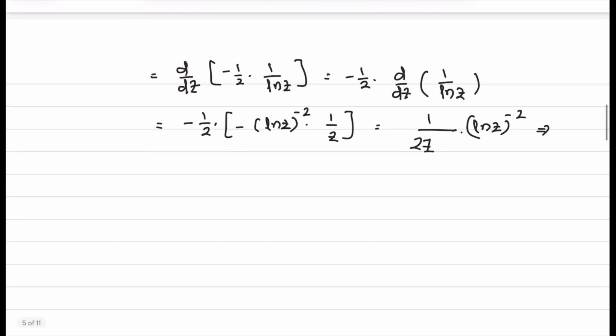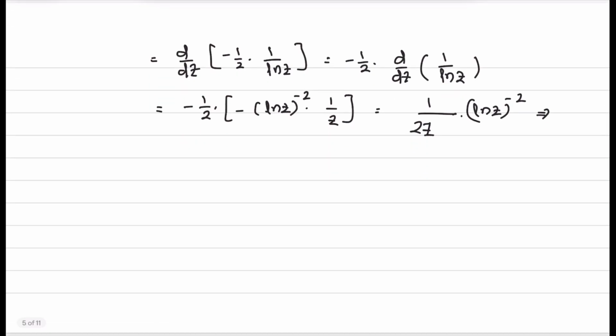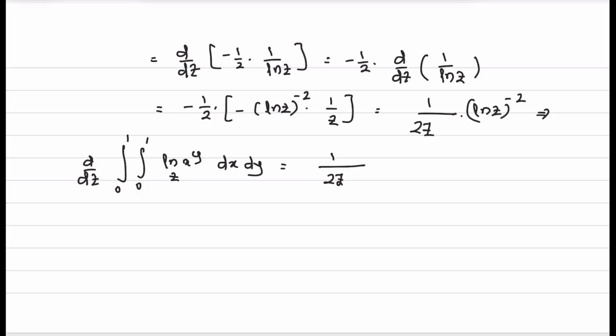That implies the final answer is the integral 0 to 1 of ln x to the power of y to the base z, dx dy, equal to 1 by 2z into ln z square. These are all standard values. The main crux of the matter is in understanding this. This is the answer.